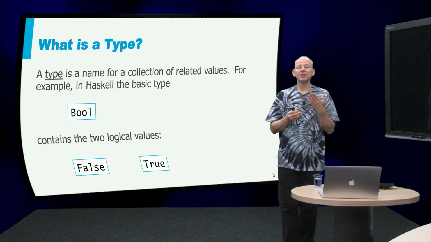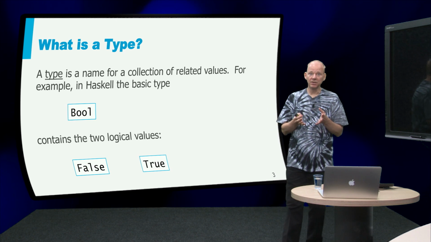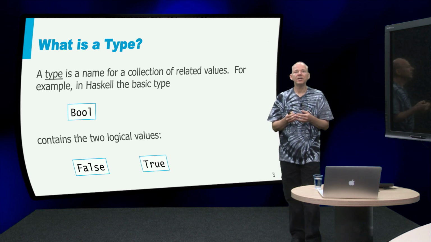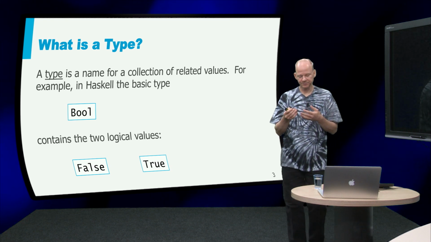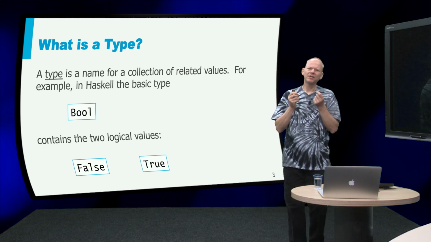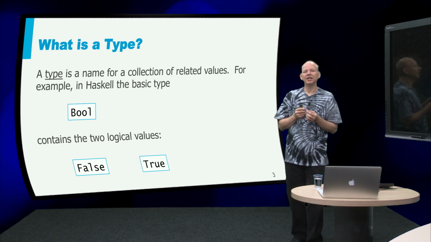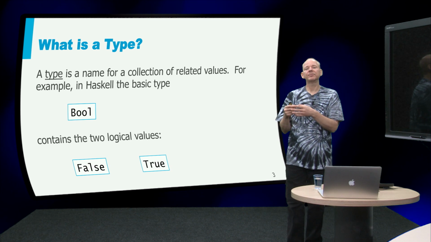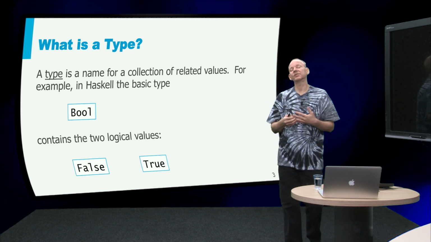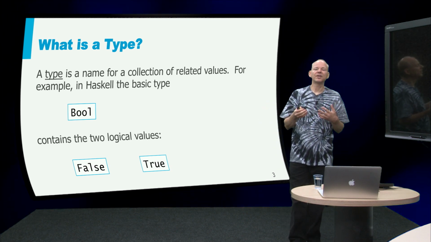For example, in Haskell, the type Bool is a name for a collection that has two values, False and True. Now, if we were really, really pedantic in Haskell, there would be a third value, bottom, that represents a non-terminating computation of type Bool.